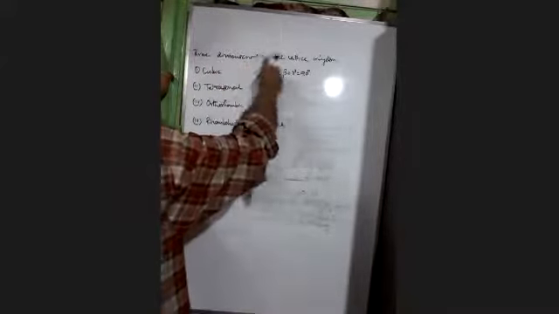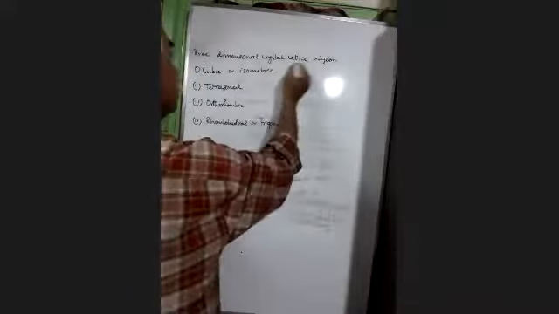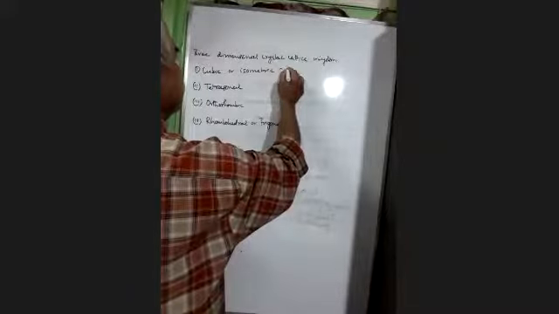I'll make a little change. I'm a little careful about your entrance exam. Because of that, I have written many things extra. This is called cubic or isometric, means all same. So these are all.